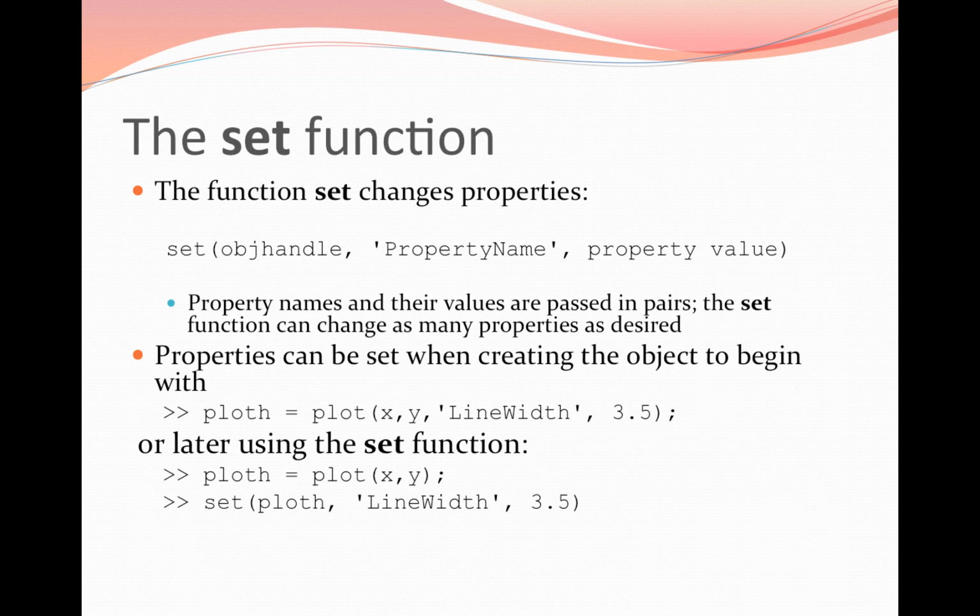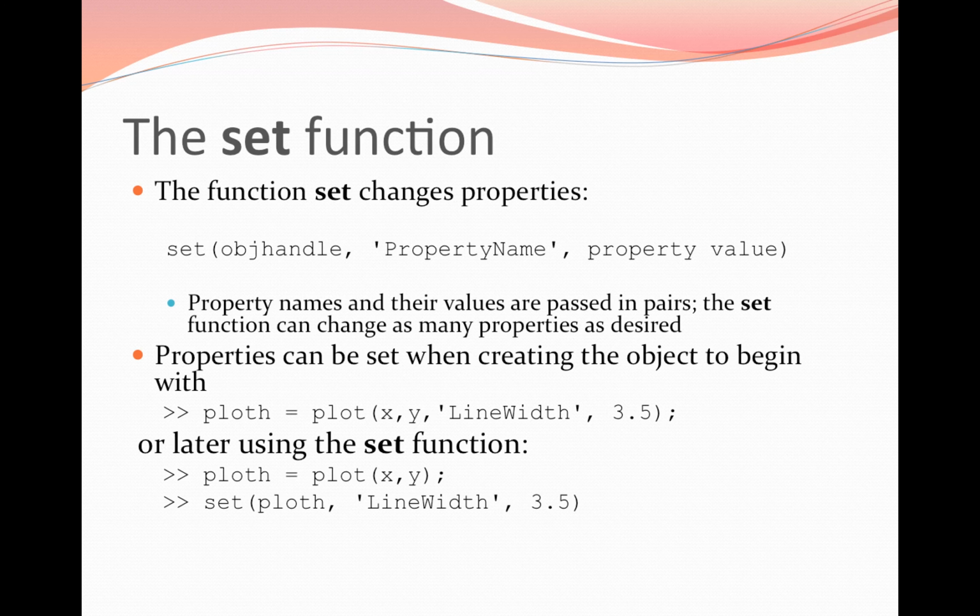So we can use the get function to get the properties. We can use set to set the properties or to change the properties. The way set works is you pass the object handle and then pairs of values, where in each pair the first is the name of the property and the second is the value that you want it to have. So for example, we can set properties when we call a function to begin with.